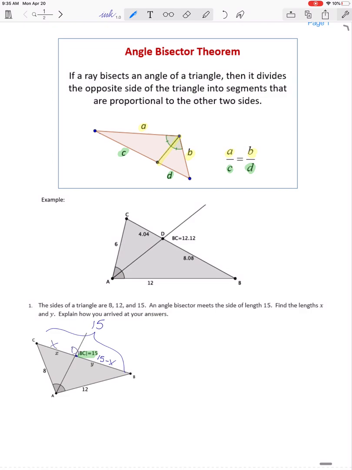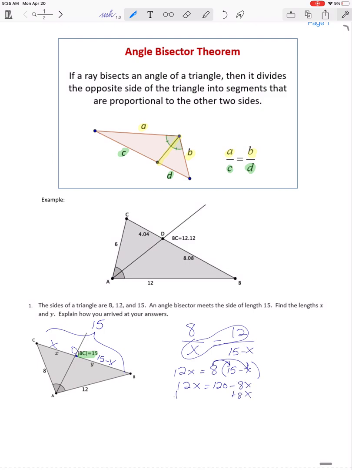So all we would do is we would take CA, which is 8, over X, and then we would just take 12 over 15 minus X. So I'm going to have 12 times X is 12X, 8 times 15 minus X. So I get 12X equals 8 times 15 is 120. 8 times negative X is negative 8X.